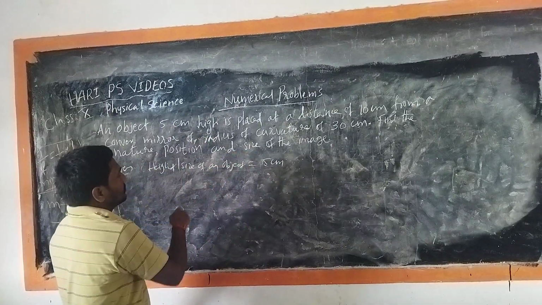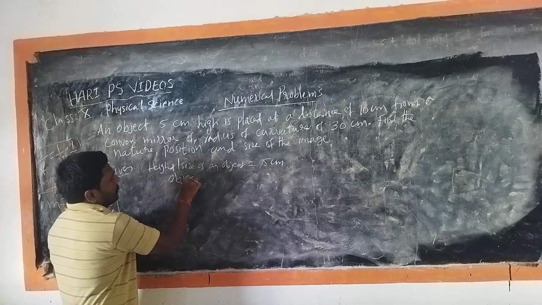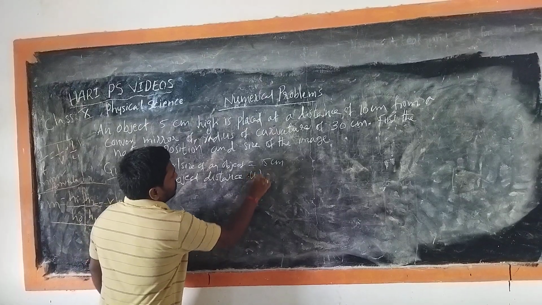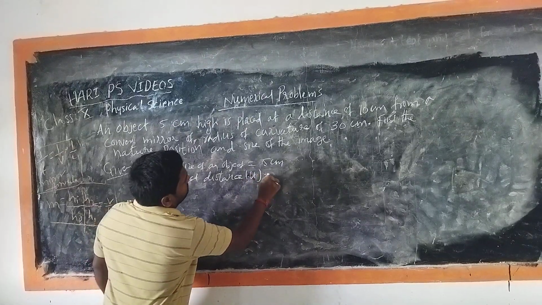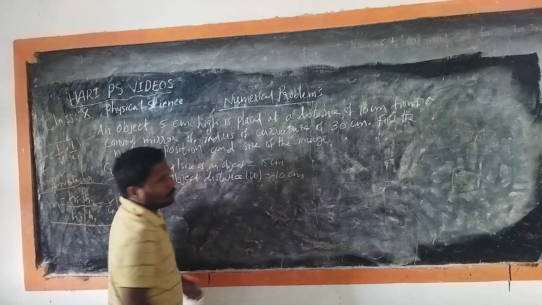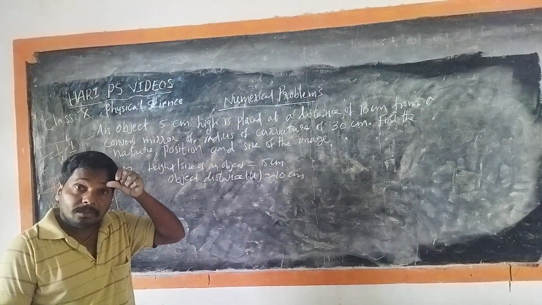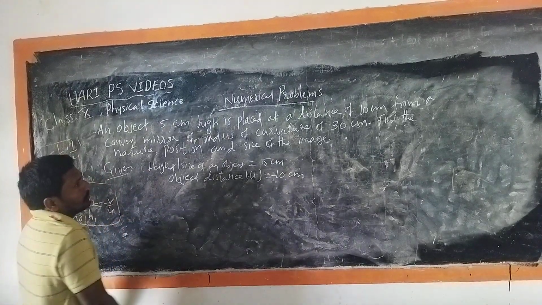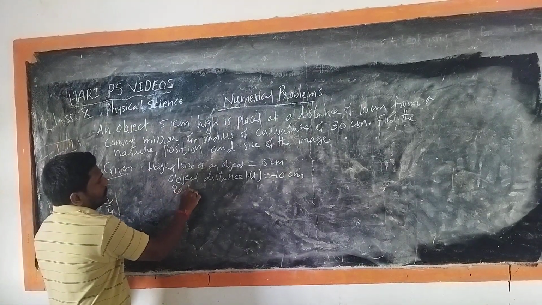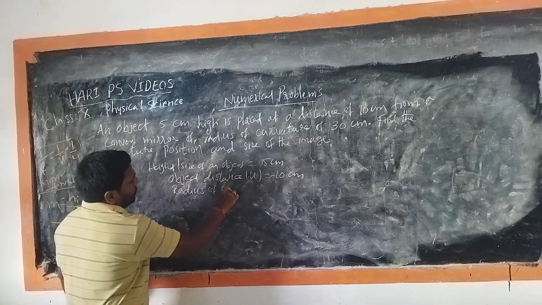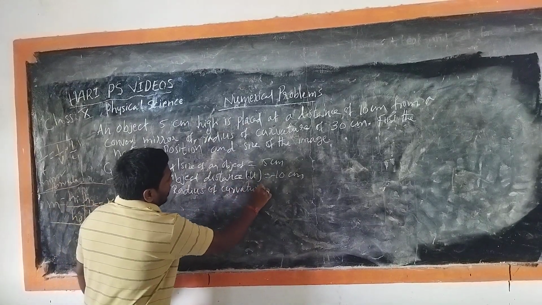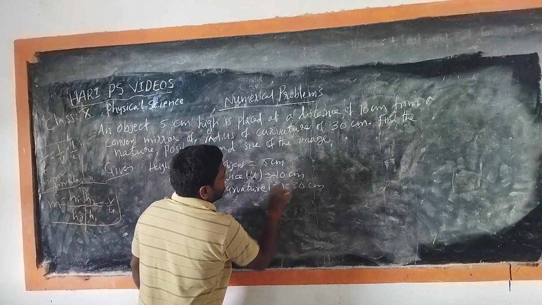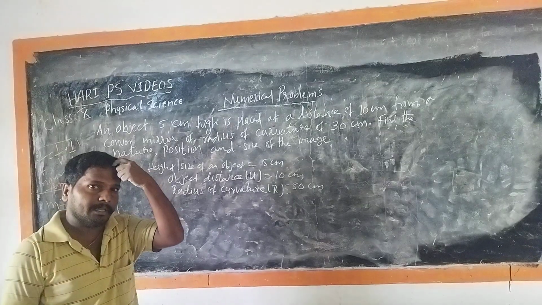Then the object distance, u equal to 10 centimeters. For a convex mirror, like a concave mirror, the object distance is negative. Then what is given next? Radius of curvature, r equal to 30 centimeters.